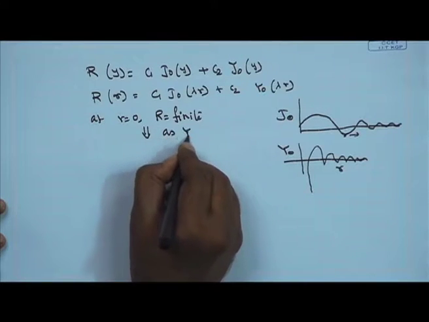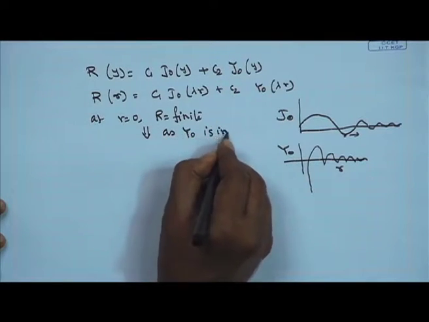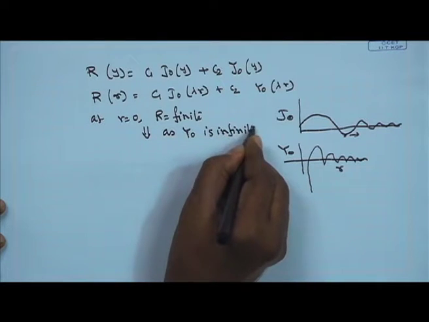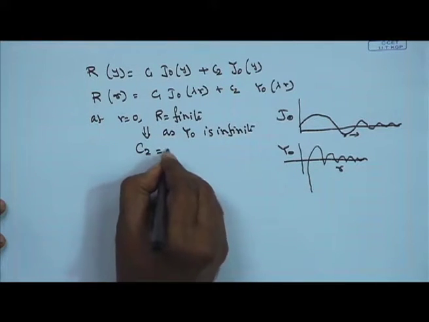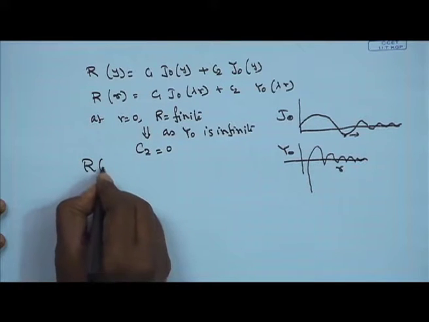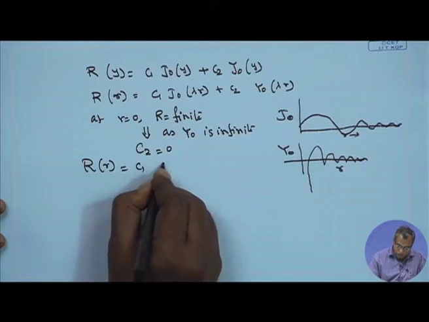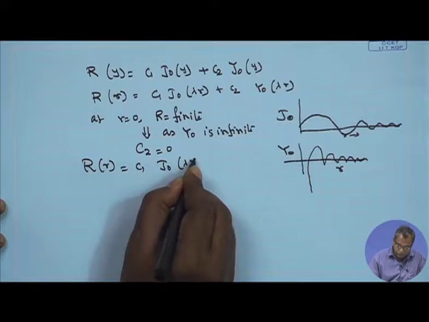Therefore, in order to have a finite value of the solution, the associated constant must vanish, otherwise at that particular boundary the solution becomes unbounded. In order to avoid that, because Y0 is infinite, making the solution infinite, the corresponding constant will be equal to 0. So, therefore, R of r is equal to C1 J0 lambda r.